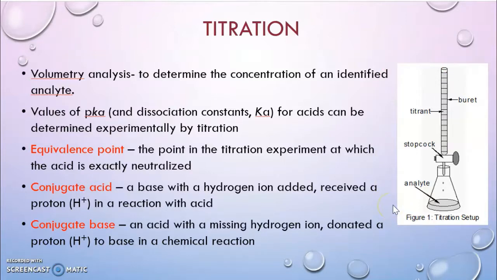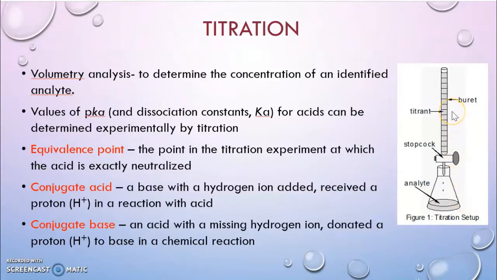The apparatus that is involved are the burette and the conical flask. And titration usually involves usage of acid and base. In a titration experiment, usually the base solution is added into the burette, while the acidic solution is added into the conical flask.